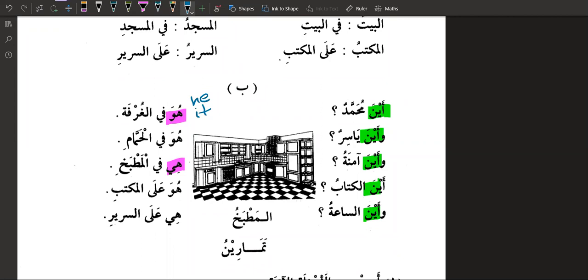For example, Aina Muhammad, where is Muhammad? Huwa fil ghurfati. Then we say Aina al-kitabu, huwa ala al-maktabi. And then Aina Aminatu, hiya, which means she. But when we're referring to an object which is feminine, Aina sa'atu, sa'a is feminine because of the ta. Then we say hiya ala sariri, it is on the bed.